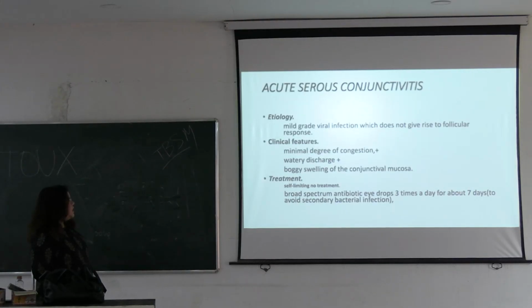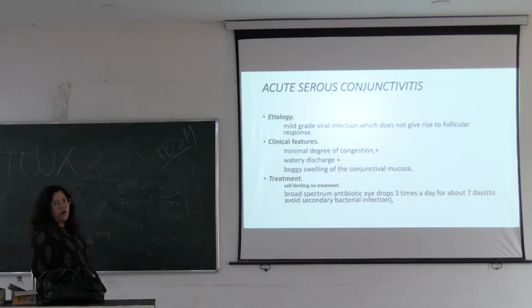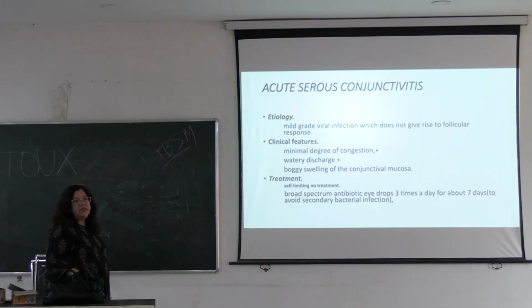There is a mild degree of congestion, watery discharge, and boggy swelling of the conjunctival mucosa, which is called chemosis. It is a very mild, self-limiting disease. If not treated, it resolves automatically. But to prevent secondary bacterial infection, we give broad spectrum antibiotic eye drops 3 times a day for 7 days.